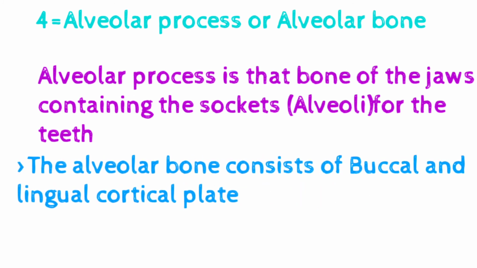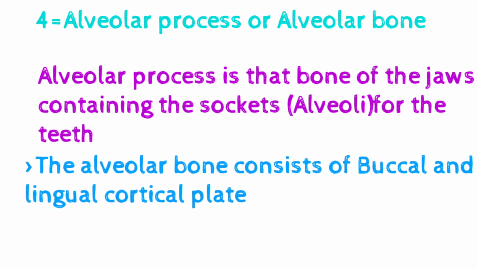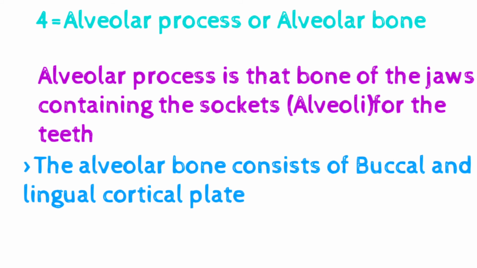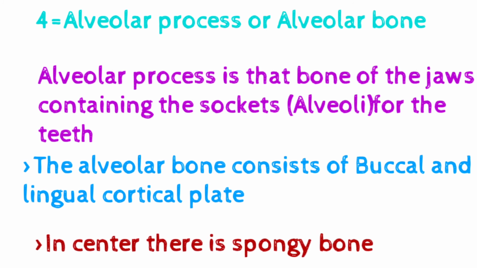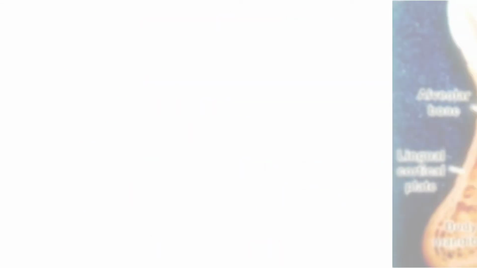The alveolar bone consists of buccal and lingual cortical plate, and in between, in the center of buccal and lingual cortical plate, there is a spongy bone. Now look at this diagram of alveolar process. Above the white is teeth, and below the yellow is the alveolar process, where teeth are present in the socket, and there is a lingual and buccal plate. In center there is a spongy bone.